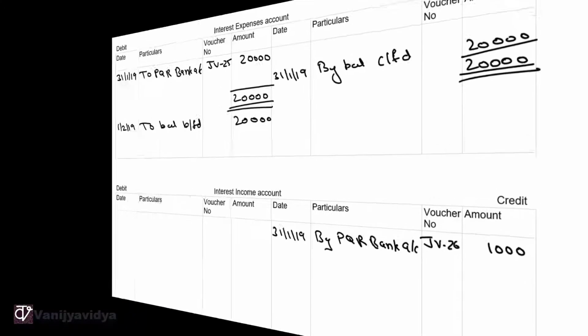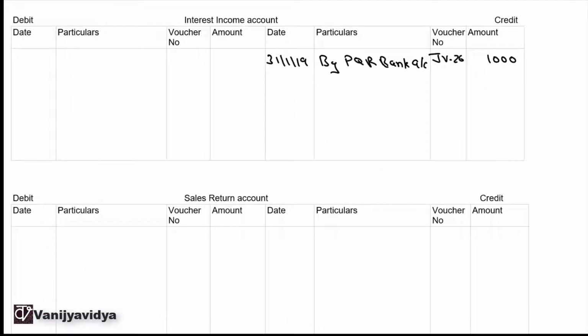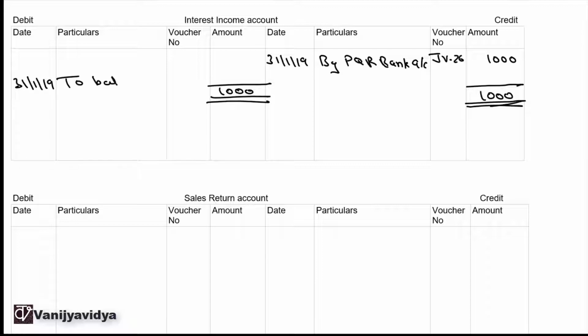Next ledger account. Interest income account. Total of debit side is 0, total of credit side is 1,000. So we take 1,000 on both the sides. Then on the debit side, 31st Jan 2019, to balance carried forward 1,000. On 1st Feb 2019, on the credit side, by balance brought forward 1,000.